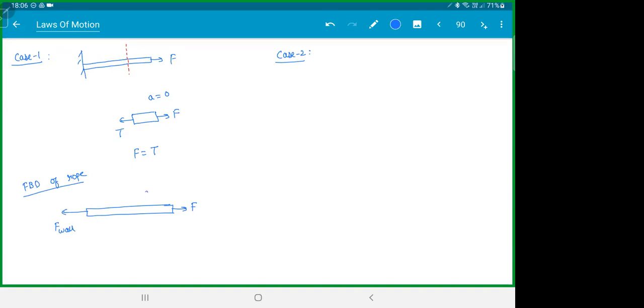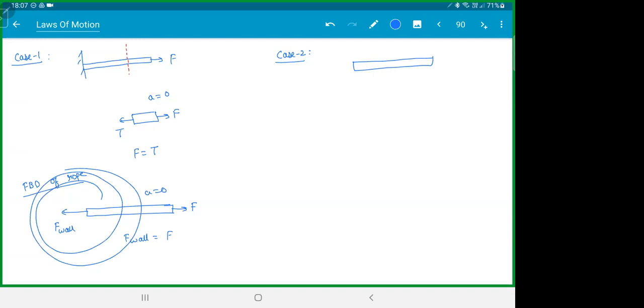And since the acceleration is 0, F wall is equal to F. Isn't this the same thing as case 2? You're basically hiding that second force by using a wall. When you saw the wall, you thought there is only one force, whereas in reality, in case 1 and case 2, both the cases you have the same forces.